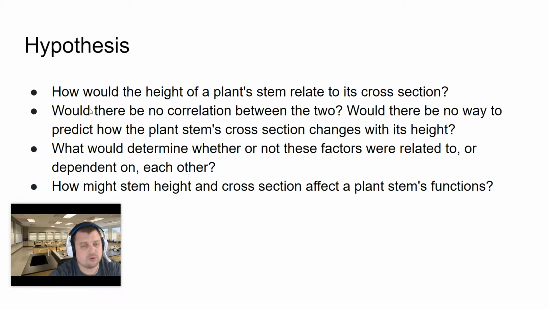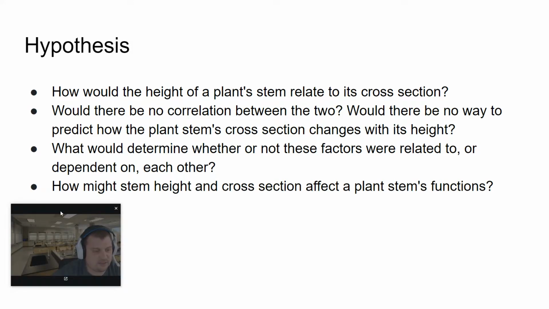Would there be no correlation between the two? Would there be no way to predict how the plant stem's cross-section changes with its height, or are they dependent on each other? How might stem height and cross-section affect a plant stem's functions? Think about those 4 questions as you come up with your hypothesis. Pause the video when you have that.